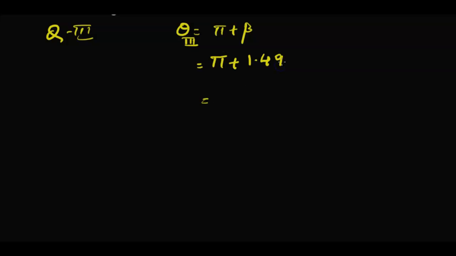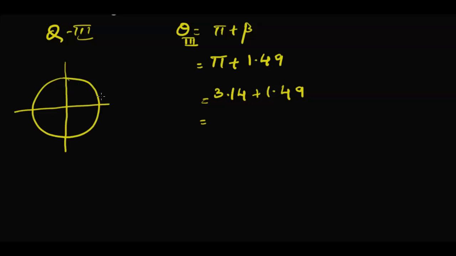As we are using a calculator, remember that the pi value can now be written in terms of numbers because beta is also given to us in numbers. So whenever we are using a calculator, we can use pi as 3.14, we can use 2 pi as 6.28, and on the unit circle as well, we can use the range. 0 to 0.5 pi can now be found using a calculator by multiplying 0.5 with 3.14, and that would be equal to 1.57.